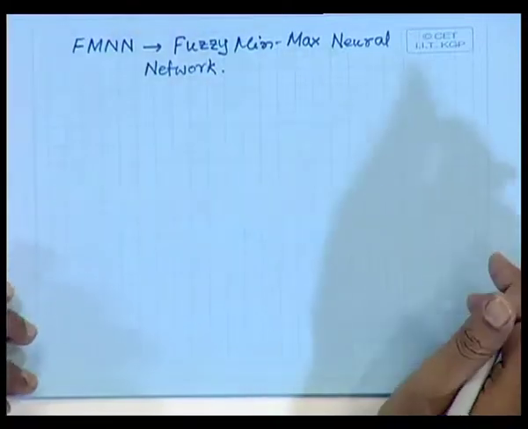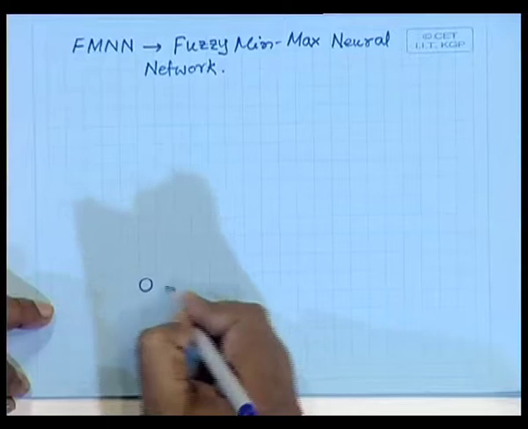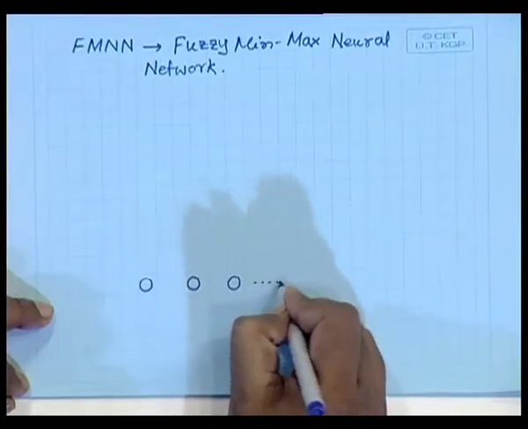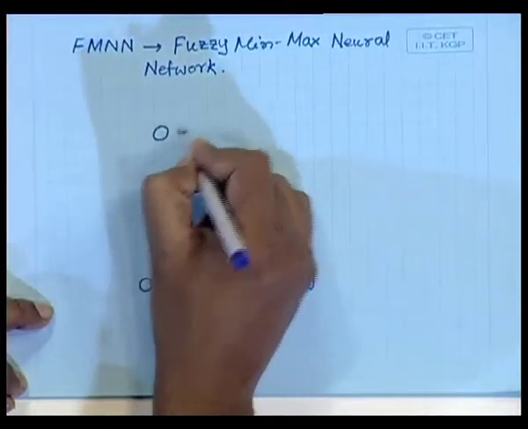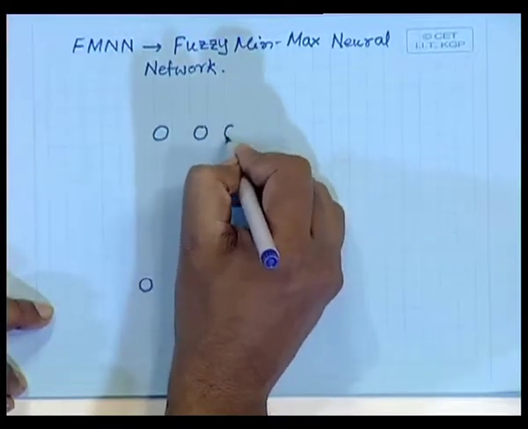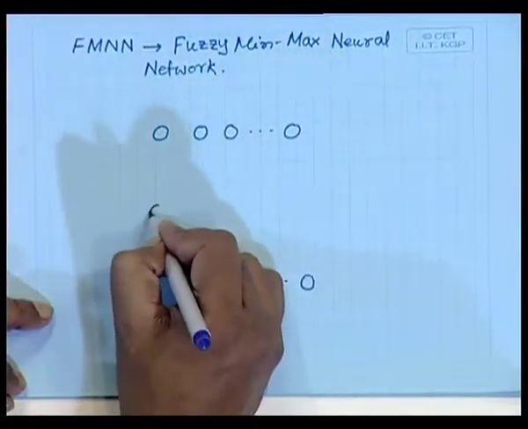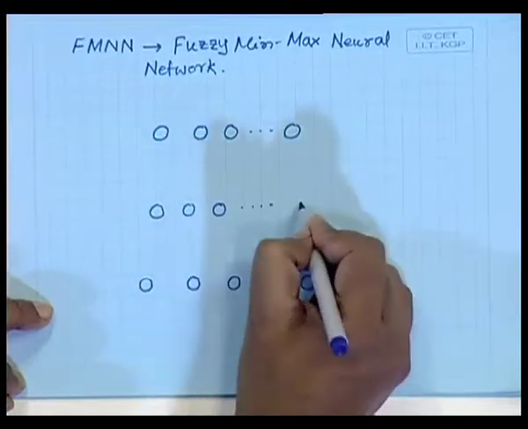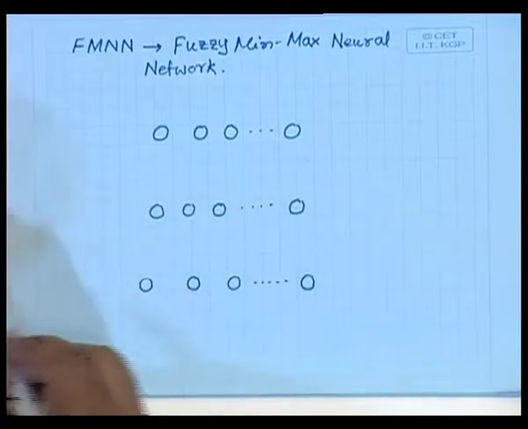The fuzzy min max neural network has one input layer, one output layer, and one so called hidden layer. Okay.